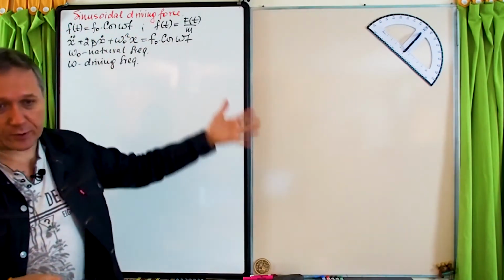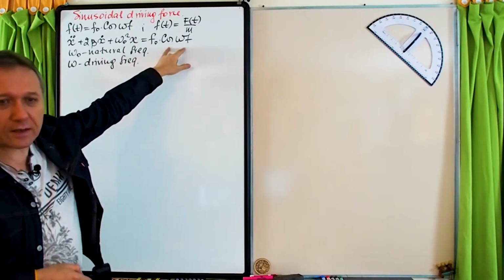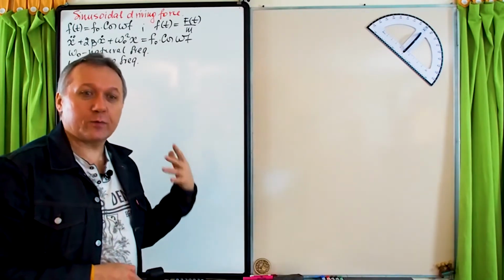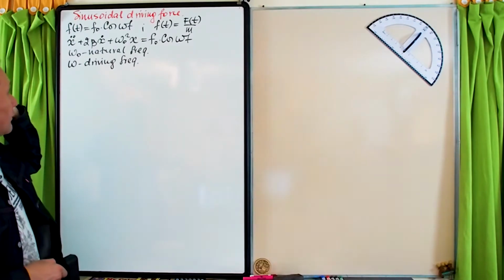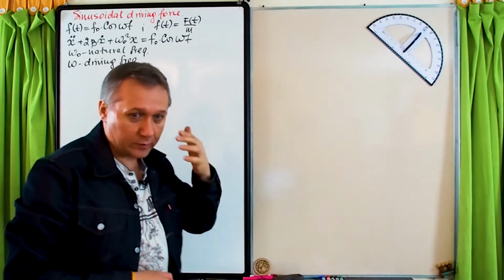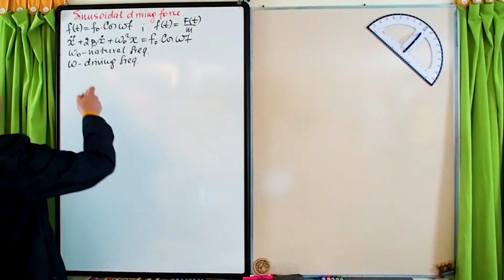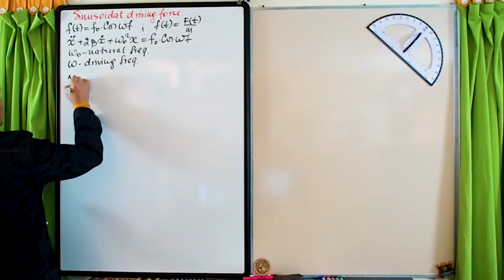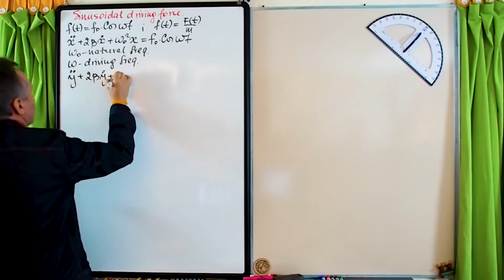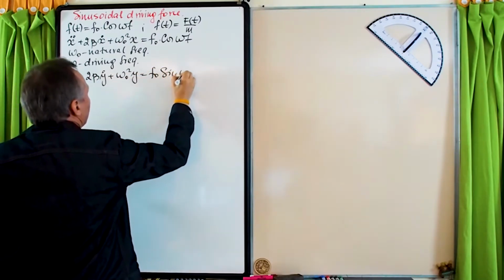Then again, I want to remind you, we want to find any particular solution. The cosine function is a nice function, but we can make the equation look even better if we go to the complex world. So we will try to solve it by losing touch with reality and just go to the complex world. You remember we decided to also introduce this equation: y double dot plus 2 beta y dot plus omega naught squared y equals F naught sine omega t.